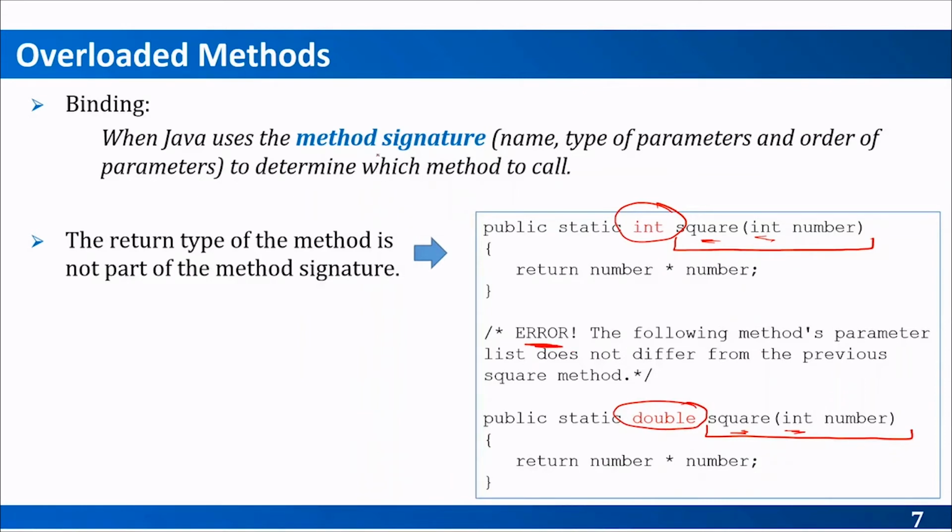Because the method signature, again, is defined by the name, type of parameters, and the order of parameters. It didn't mention anything about the return data type. So the return data type is not part of the signature. So you have to be very, very careful with this.